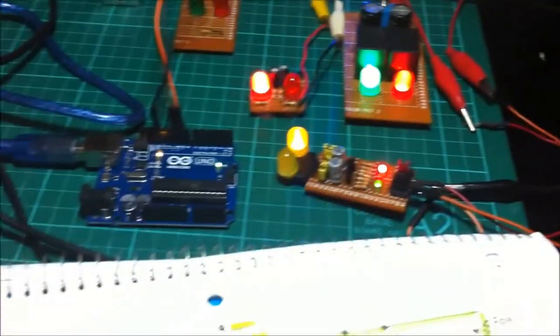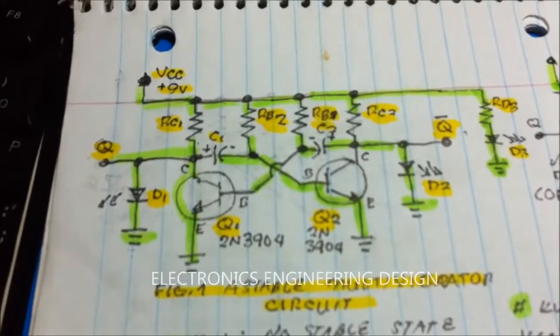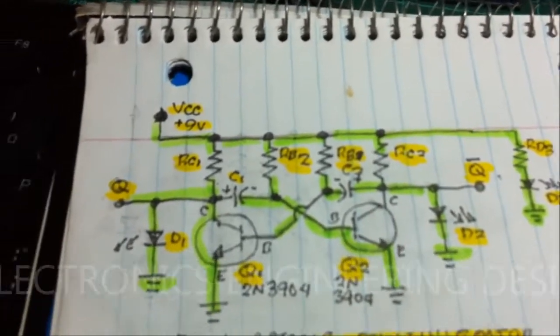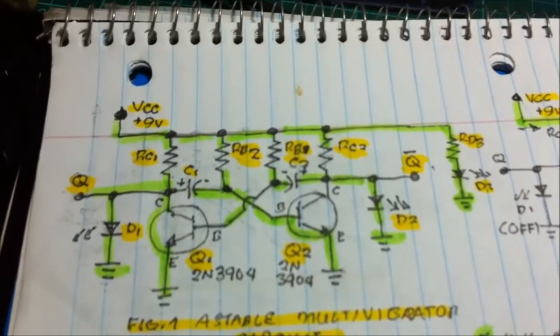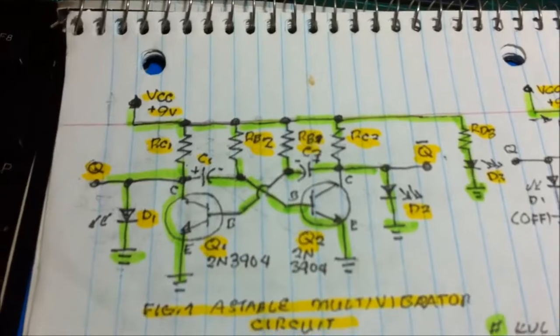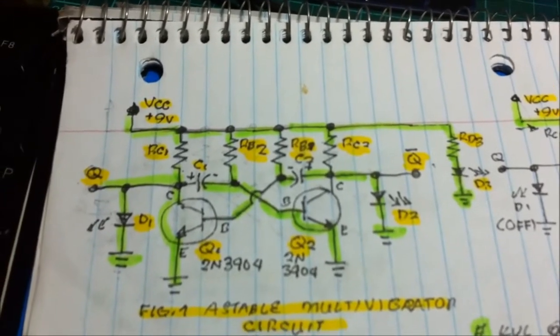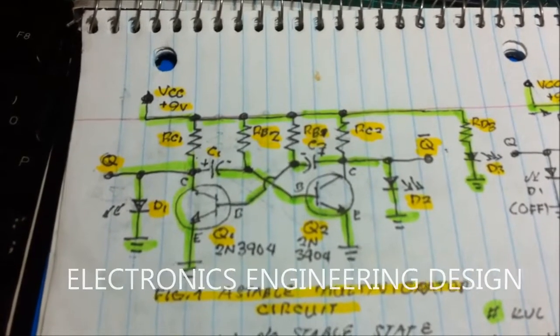First, this is the initial circuit. I got 9 volts and there are no values of the capacitor and the resistors in the circuit. We're going to compute for the values. That is the regular astable mode of the transistor multivibrator.